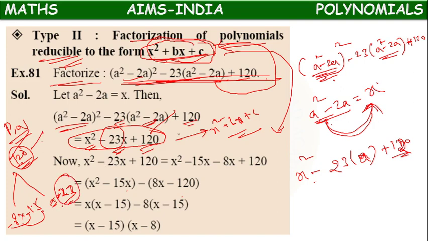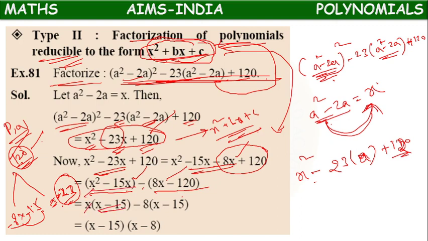After reducing to the required form, now splitting the middle term minus 23x into minus 15x minus 8x. First two terms one group, next two terms another group. For the next two terms, minus is there in the beginning, so we take minus common, and the symbol in the middle changes. From the first two, x is common, x minus 15.